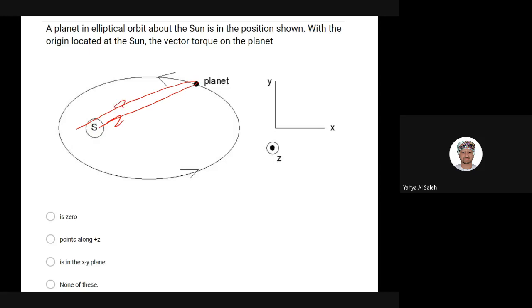Which is why our planets are going around the sun in elliptical orbits without going up or down. We're not going in 3D orbits around the sun. We're pretty much doing it in 2D with slightly 3D-ish.